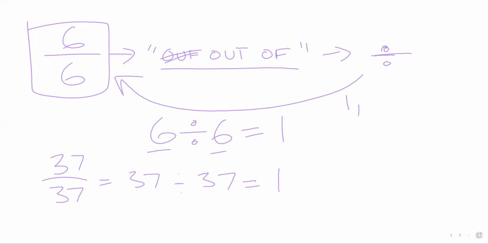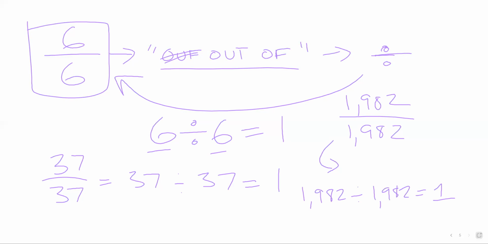Or that 1,982 out of 1,982 really just means 1,982 divided by 1,982 equals 1. So to get a fraction that's equal to 1, all you need to ever think about is making sure that your denominator and your numerator are exactly the same. And if they are, then that is all of your pieces, which means it's actually just 1.